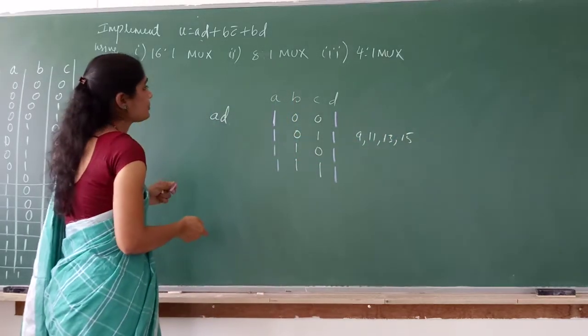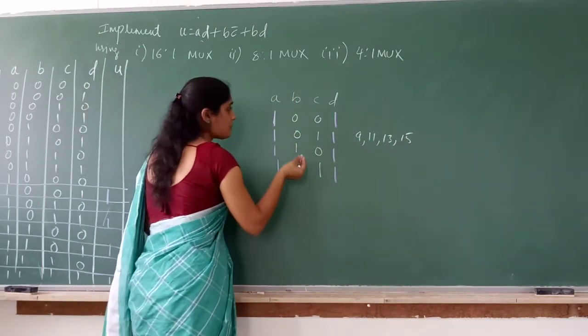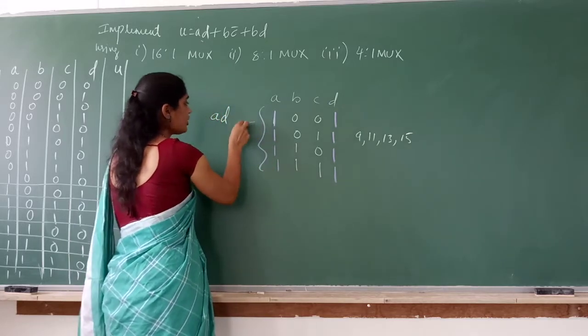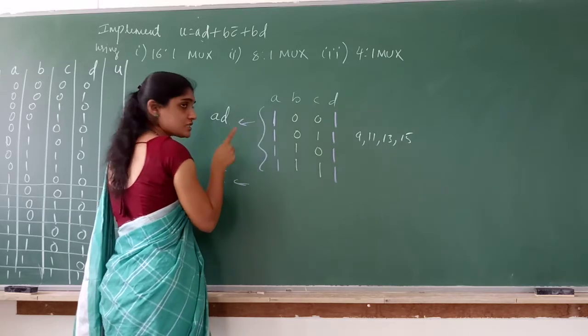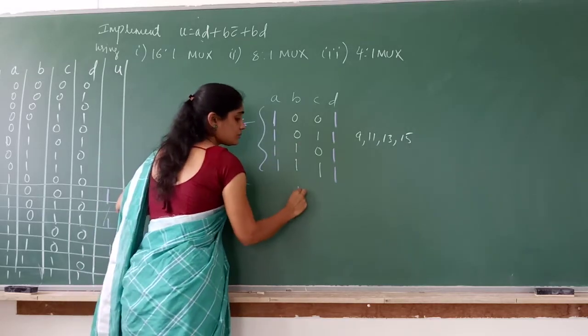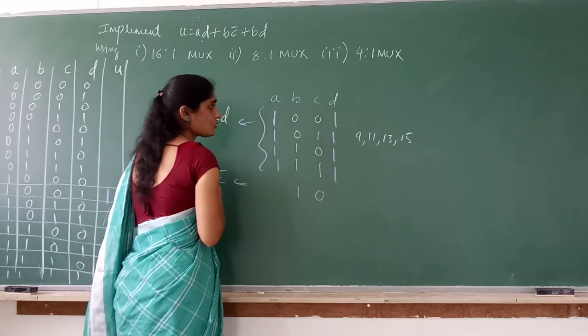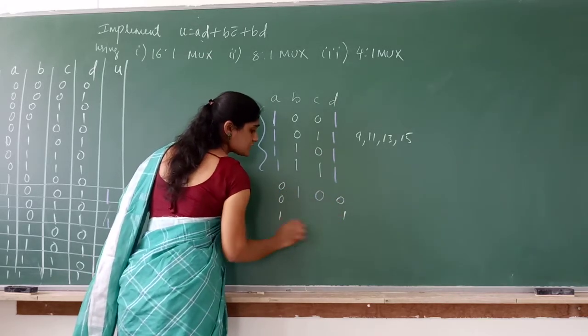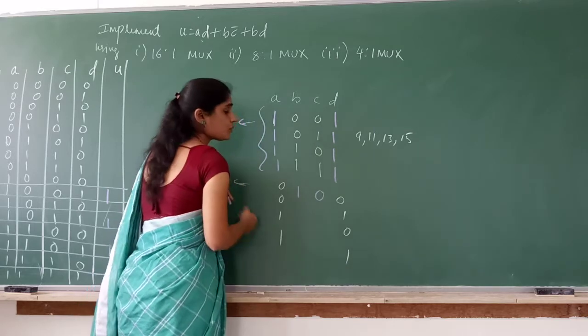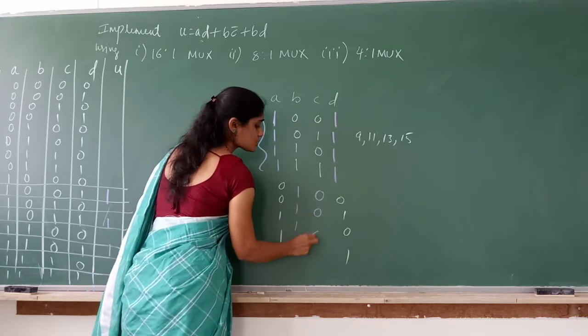Take the second term, BC bar. So these we have got for AD. Next one is BC bar. What does it mean? B is taking 1, C is taking 0. AD can be 00, 01, 10, 11, but BC has to be 1, 0.